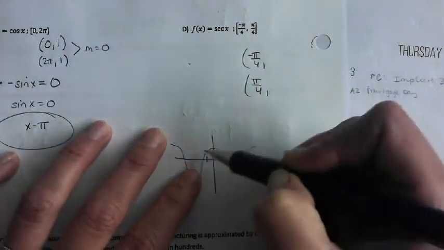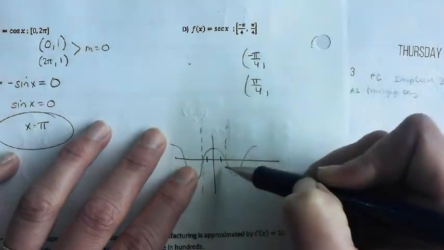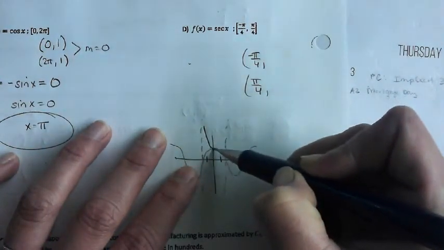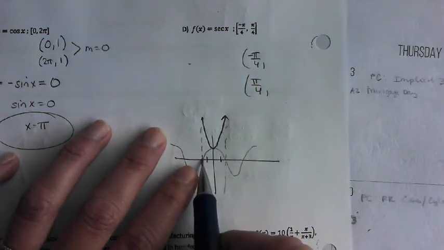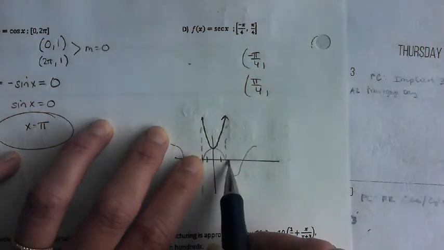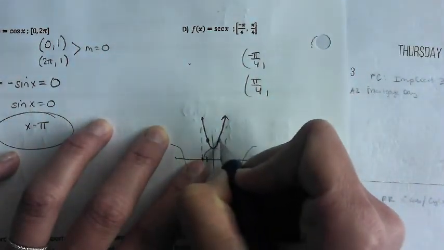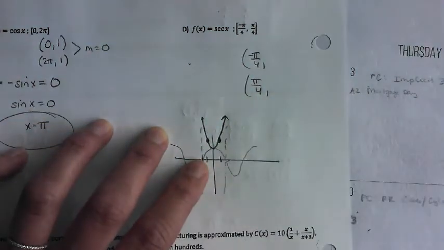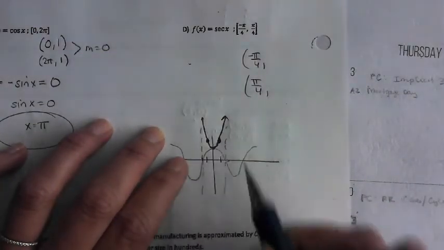That's the cosine curve. The secant curve would have an asymptote here and an asymptote here and would reflect up. So this is negative pi over 2 and positive pi over 2. So between negative pi over 4, which is here, and positive pi over 4, which is here, we're all good, right? Continuous and differentiable just in this little stretch here.